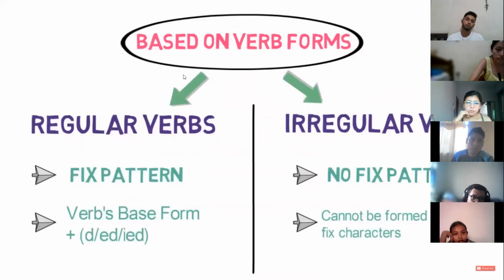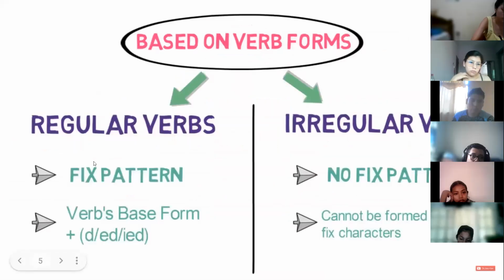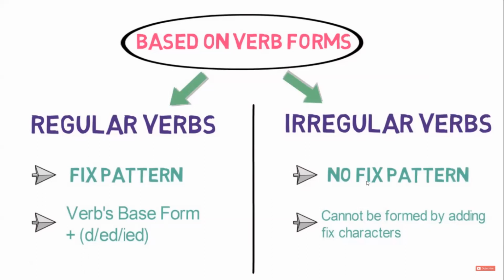So let's check here. The regular verbs are the ones who follow a fixed pattern, okay? Que siguen un patrón. Por ejemplo, le añadimos al final, ed o ied, ¿cierto? Y los irregular verbs son los que no. They don't follow a fixed pattern, okay?